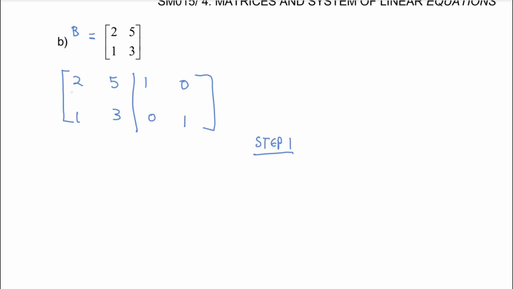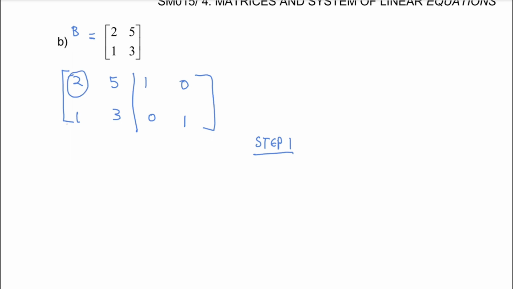Alright, so let's say B is this matrix. Before we move to step 1, you write it in augmented matrix form, 2 1 5 3 1 0 0 1. Okay, for step 1, you want to obtain 2 here into 1.